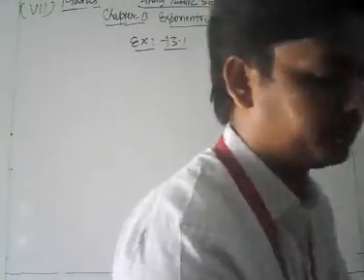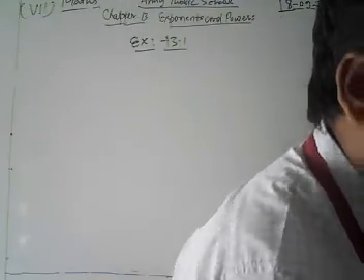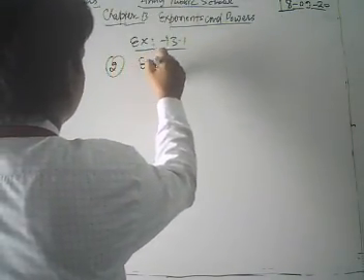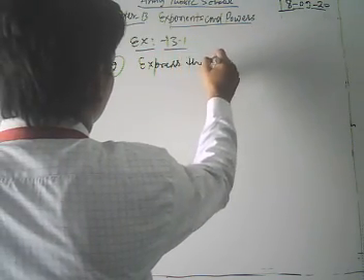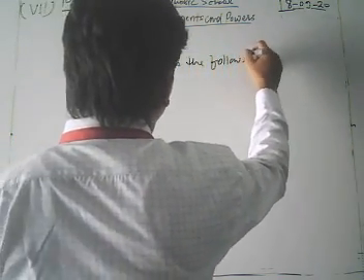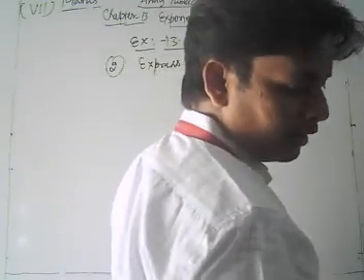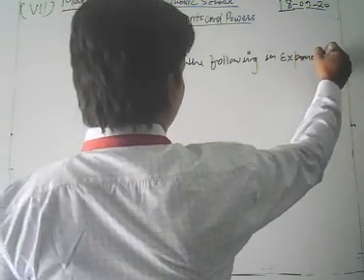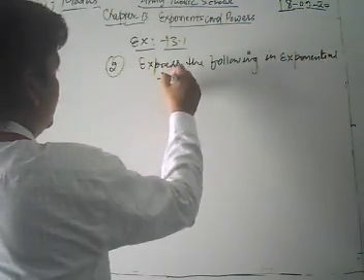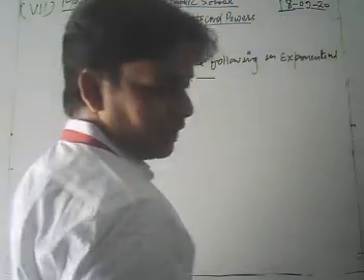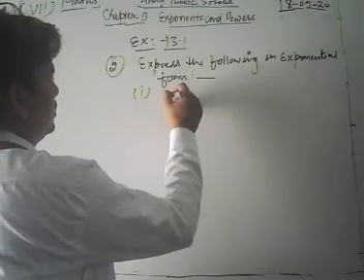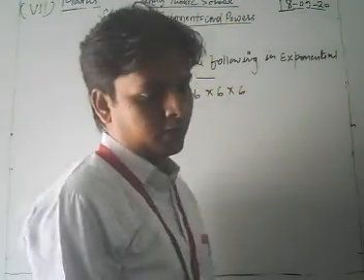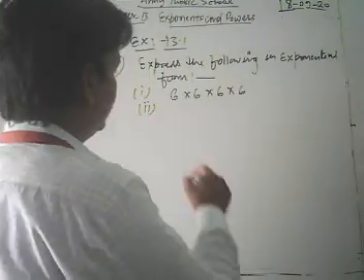Now look, the second question is: express the following in exponential form. The first part of this question is 6 into 6 into 6 into 6. The second part is t multiplied by t.